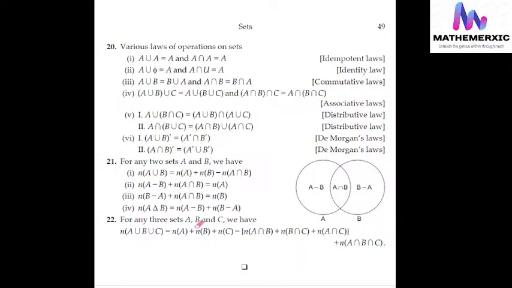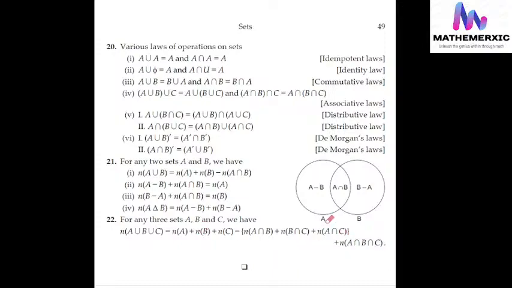Now for any three sets A, B, C, the number of elements of A union B union C will be equal to the number of elements of A plus the number of elements of B plus the number of elements of C, minus, in brackets, the number of elements of A intersection B, B intersection C, and A intersection C, all three pairs, plus the number of elements of A intersection B intersection C together.